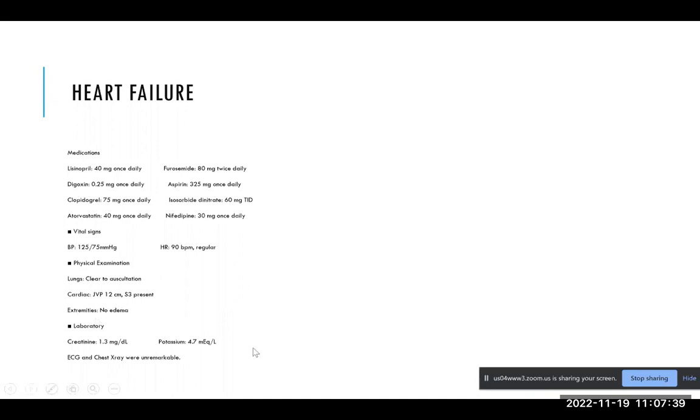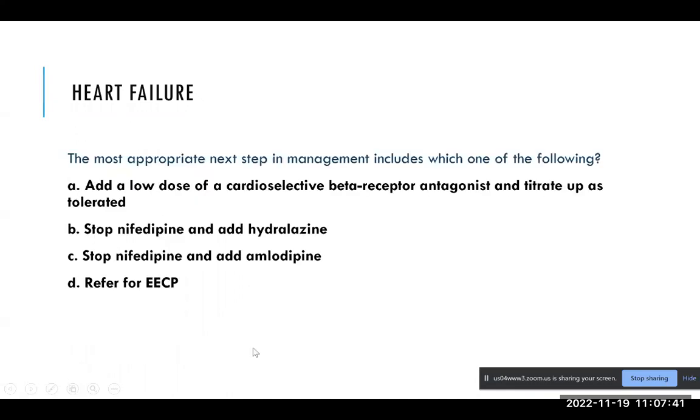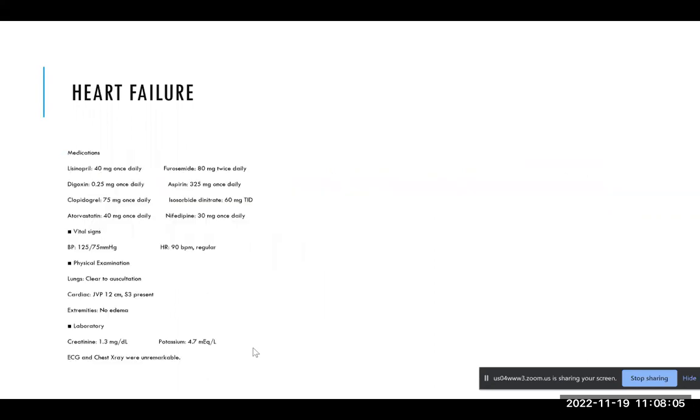ECG and X-ray were unremarkable. The most appropriate next step in the management includes: a low dose cardioselective beta blocker and titrate as tolerated, stop nifedipine and add hydralazine, stop nifedipine and add amlodipine, or refer for EECP.